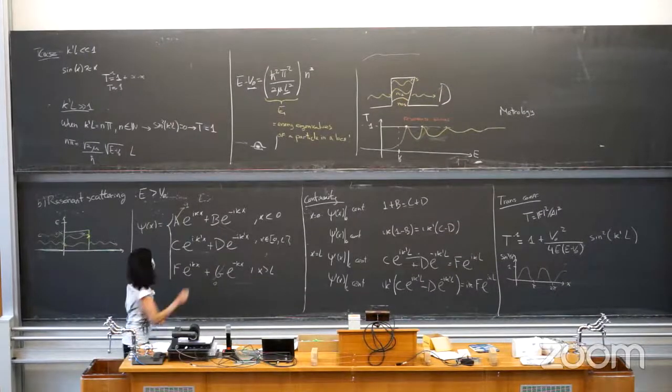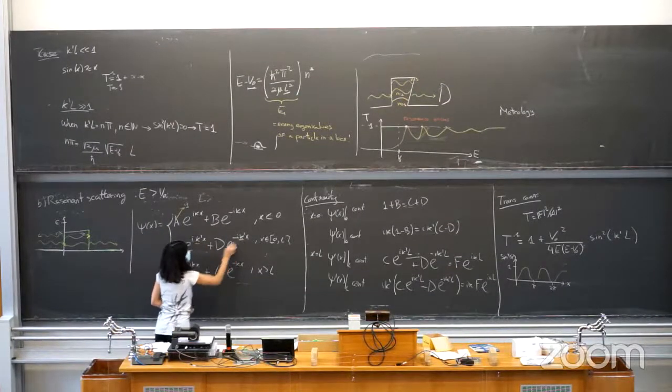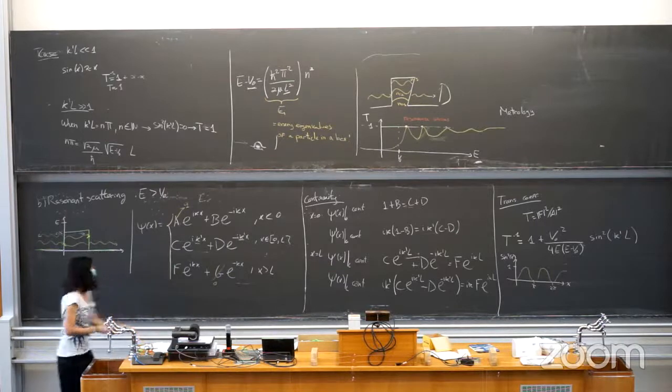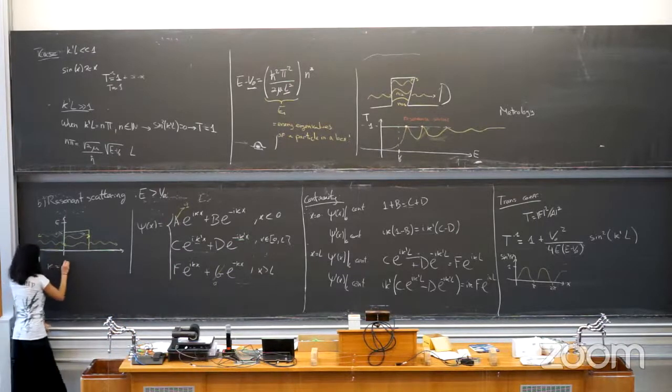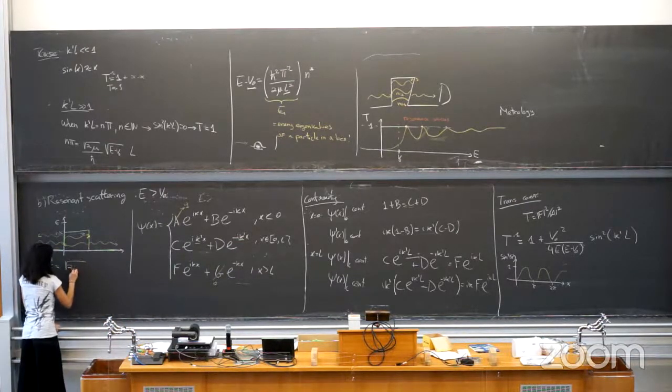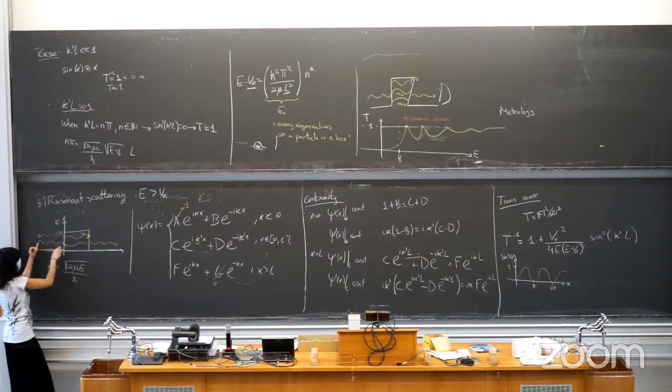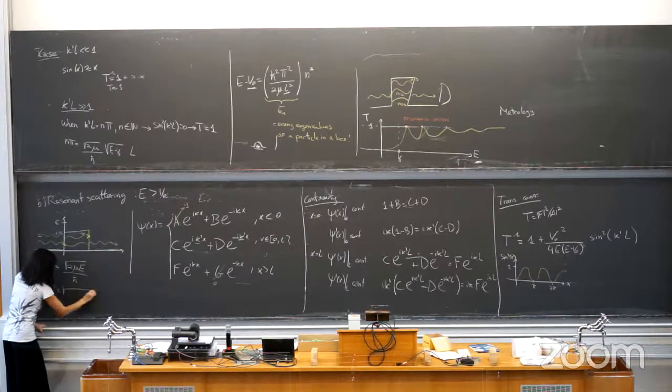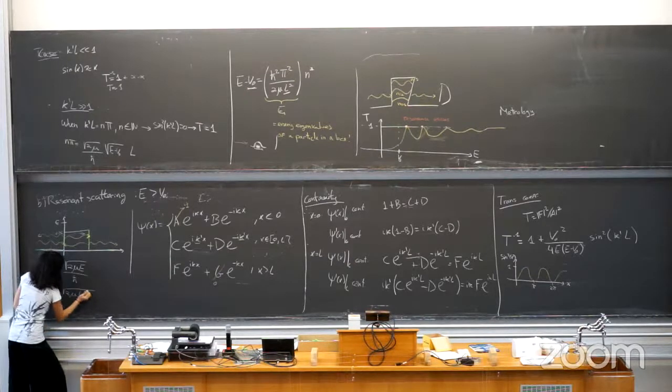I didn't want to write it down the whole time, but K is square root of 2 mu E over h bar. So it's the momentum outside the box, and K prime is the square root of 2 mu, E minus V0, over h bar.